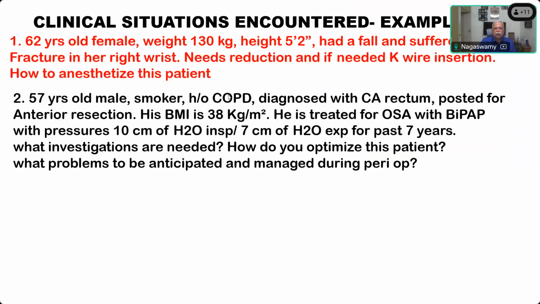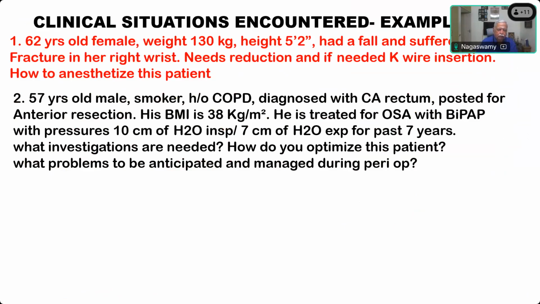So what will be your technique if this is the case scenario? What is your choice first for a wrist fracture for a K-wire fixation? Blocks, regional block. Upper limb block. That is the answer.